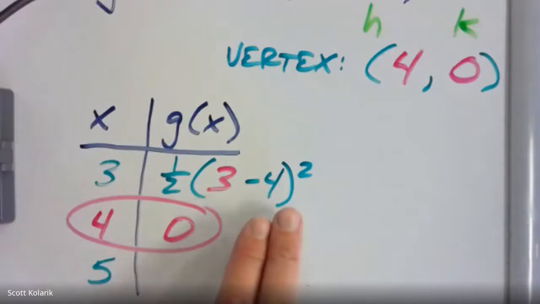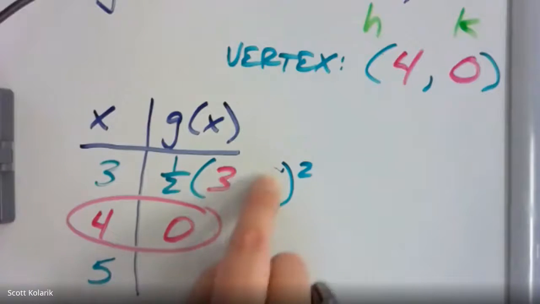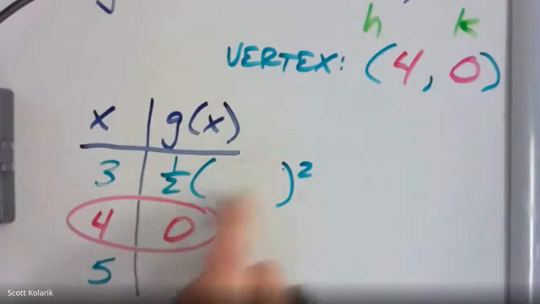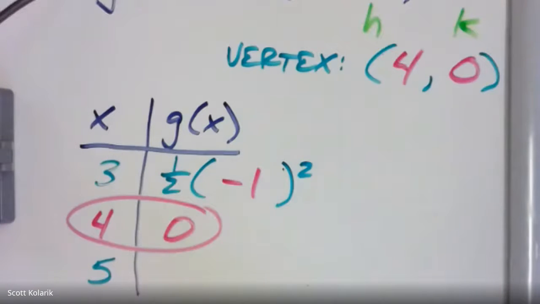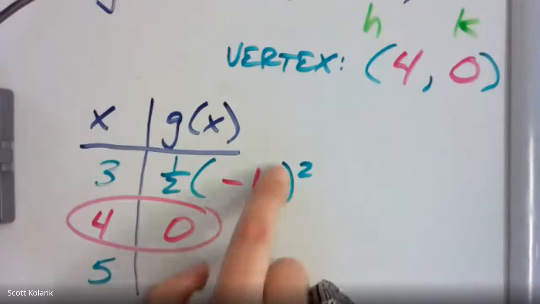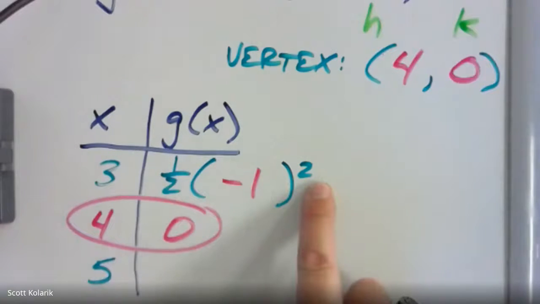The first step of order of operations is parentheses. There is definitely something to do here. So 3 minus 4, I'm going to get -1. All right, now after parentheses, I have the exponent, so I have to do this -1 squared.